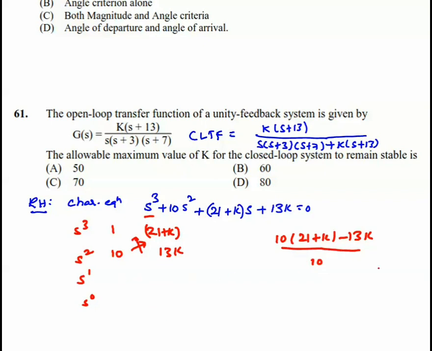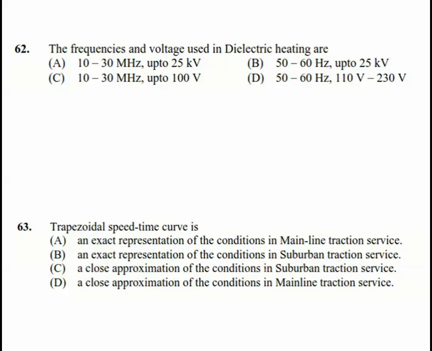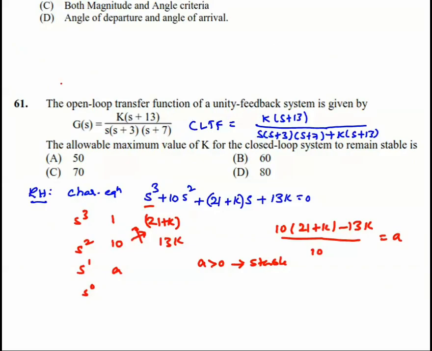I will call this term a. The value of a should be greater than 0 for stability. So 210 + 10K - 13K should be greater than 0, that means 210 should be greater than 3K.